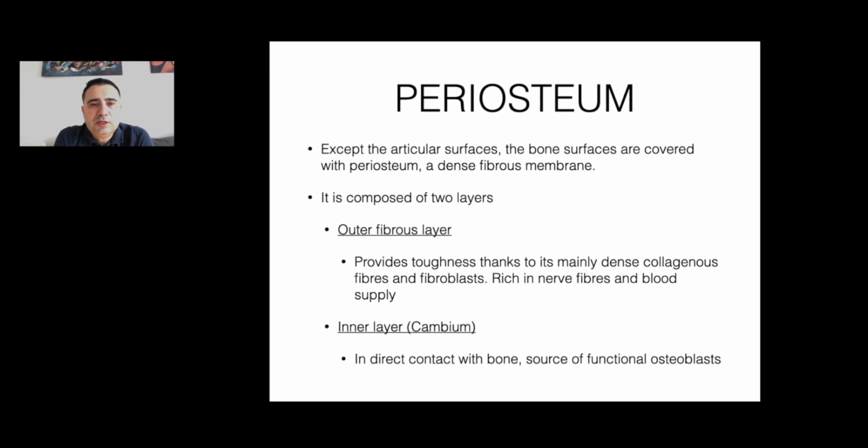The outer layer provides toughness because it is dense and collagenous. It is composed of collagenous fibers and fibroblasts, and it is rich in nerve fibers and blood supply. The inner layer is in direct contact with bone, and this is where the preosteoblasts reside. This part of the periosteum is a source of functional osteoblasts.